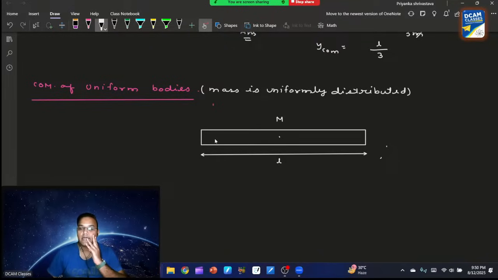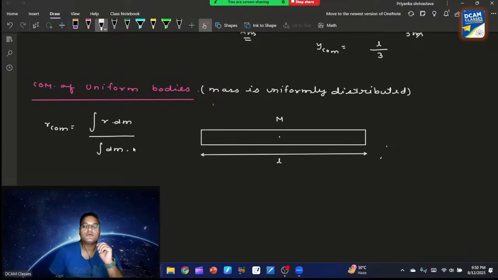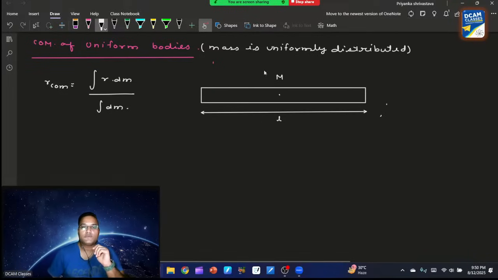Because to find out the center of mass of uniform bodies, what method do we apply? The formula that we use is R center of mass is equal to integral R dm by integral dm. We make use of integration.